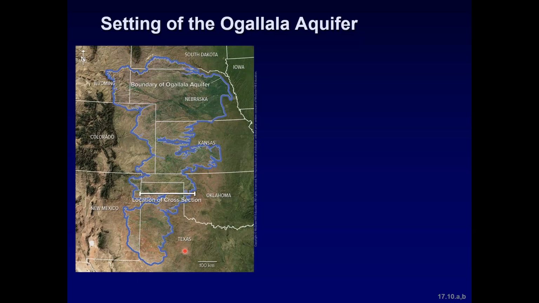North Texas. Okay, so we'll look at this aquifer's thickness, precipitation, and water level changes. Some would say this is the most important aquifer in the United States. It's also called the High Plains Aquifer or the Ogallala Aquifer. It provides water for many important agricultural areas of the High Plains.